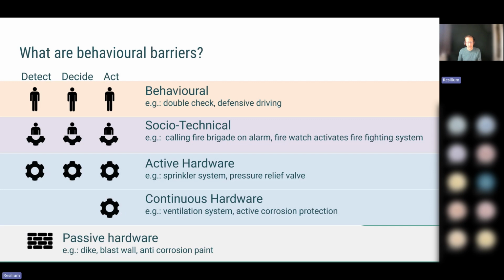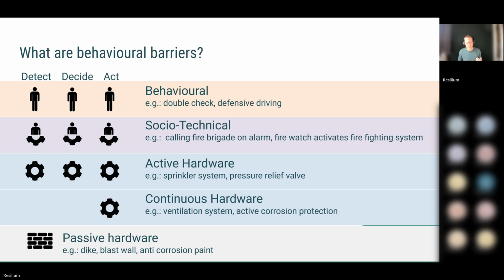Of course, you also have combinations. So you have where a part of it is done by a person and a part of it is a technical system. So, for instance, if you have a smoke detector and it goes off, that's a detection mechanism, but it's technical. And then if the action is we evacuate the building, that's a behavioral thing. So then you have a combination of these two things, and then it's a socio-technical barrier.